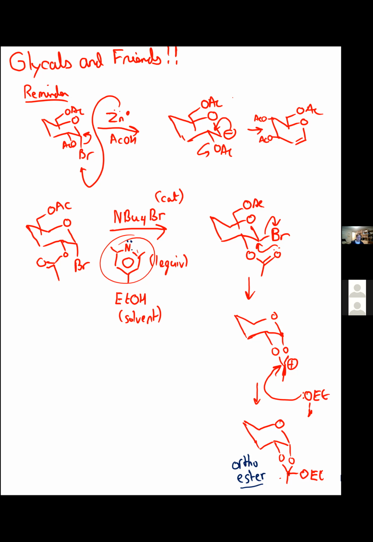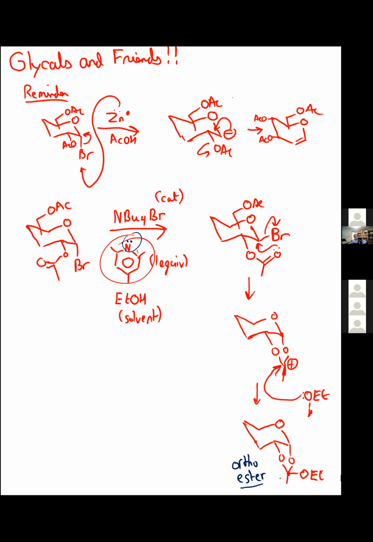Like the conceptual step of what a base does. Ashley, what do bases do? Would this one do anything with the nitrogen? Well, the nitrogen is basic. Okay. So what does a base do?